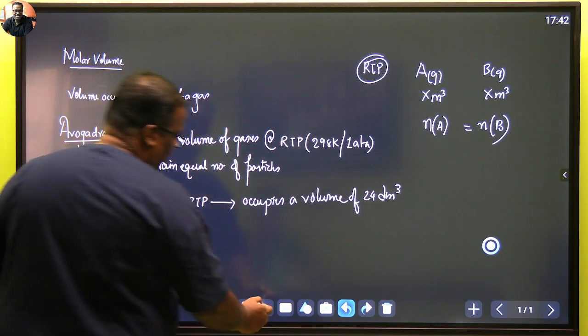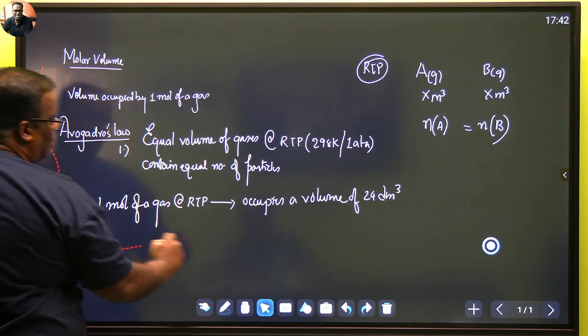(Not contains, the word should be occupies.) Now we will also understand dm cube. 1 mole of a gas at RTP occupies a volume of 24 dm cube.